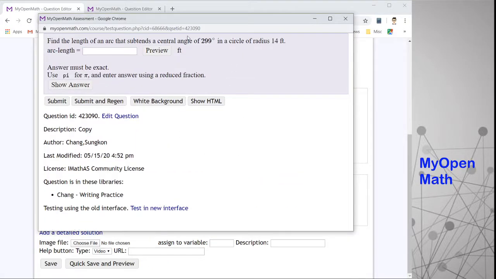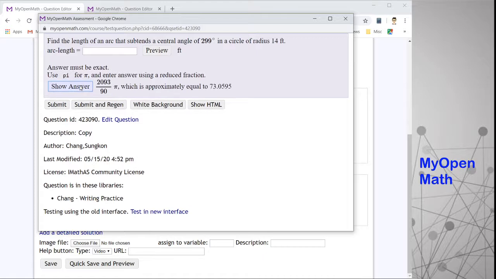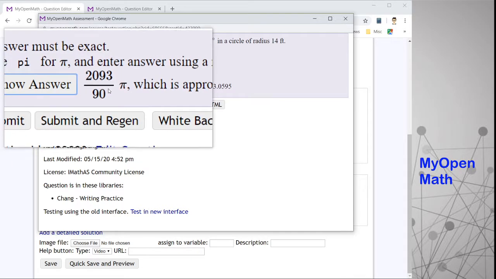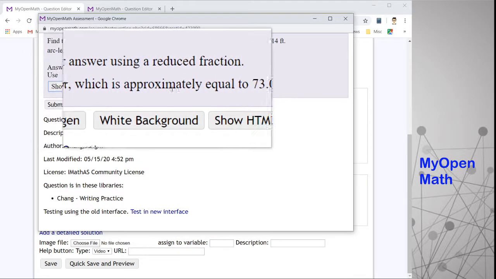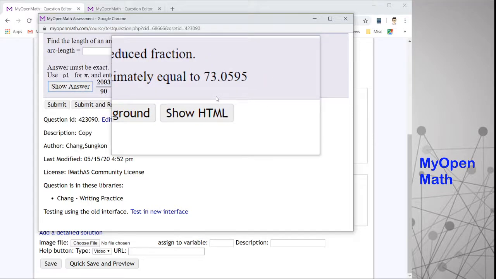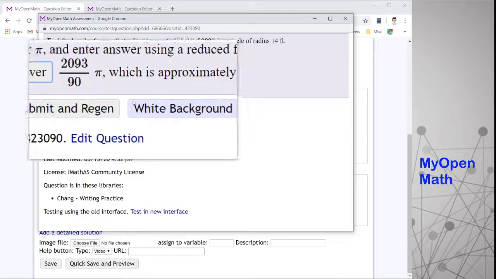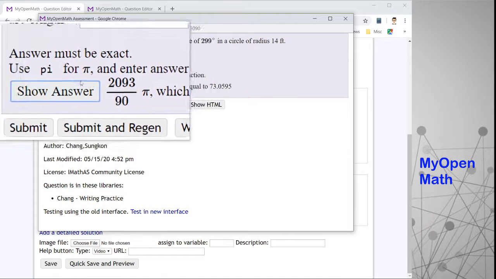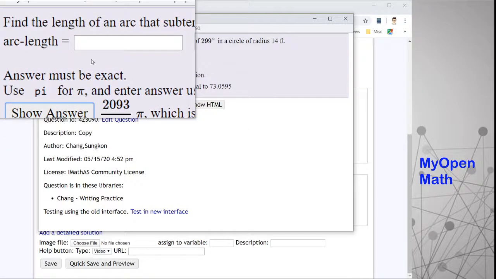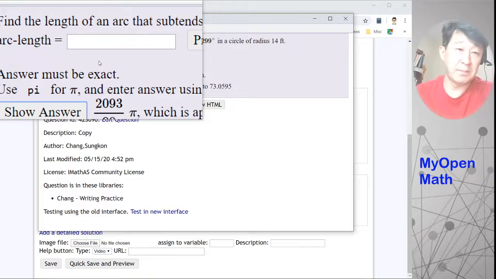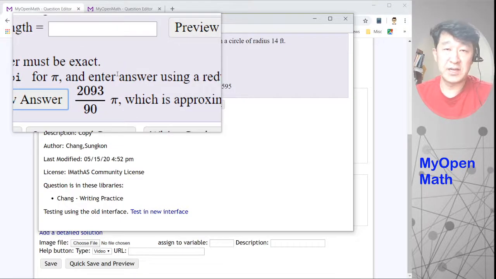So we have that same problem, but this time if you click on show answer, that's going to show this fraction and a little bit of space with pi next to it, and explain this decimal version is approximately 73.0595.